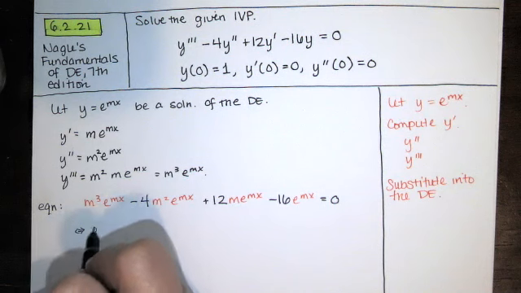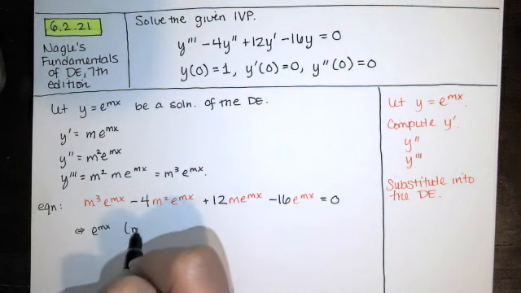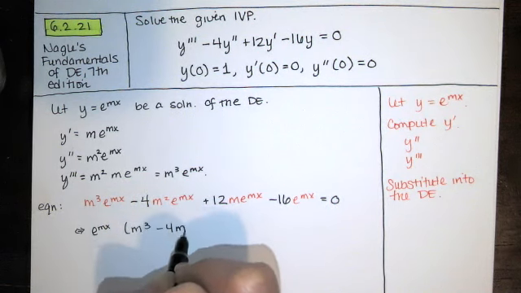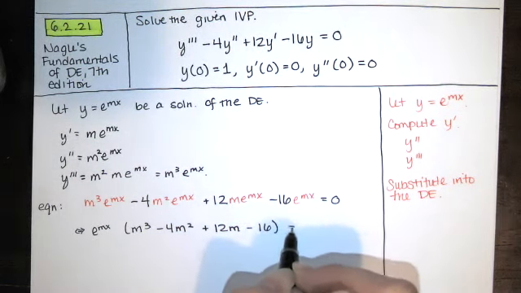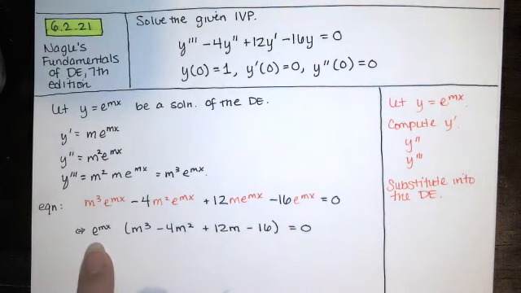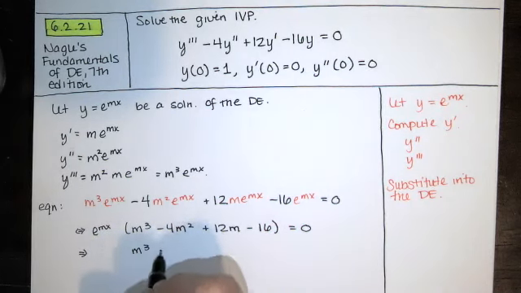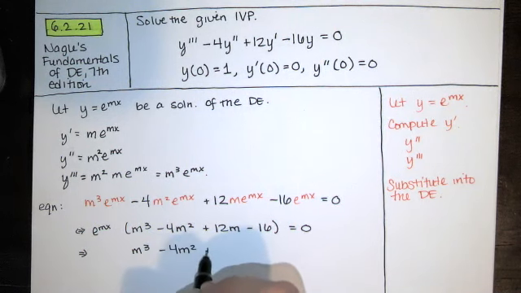So if e to the mx satisfies the differential equation, then this equation must be true. So we can factor out the exponential. And we know this exponential is never 0, so that means that the polynomial must be 0.